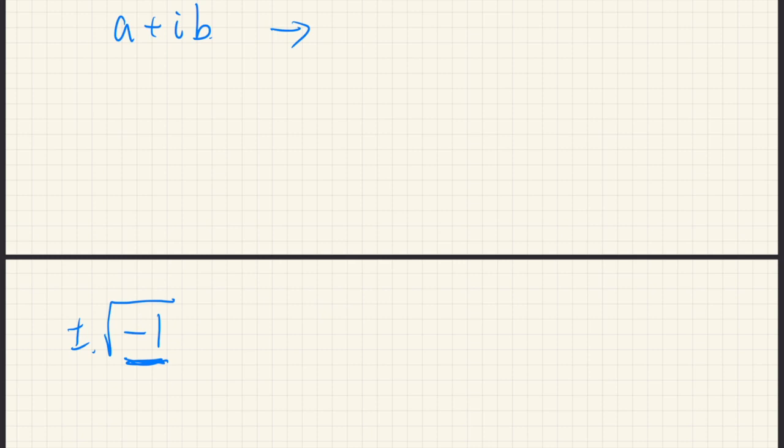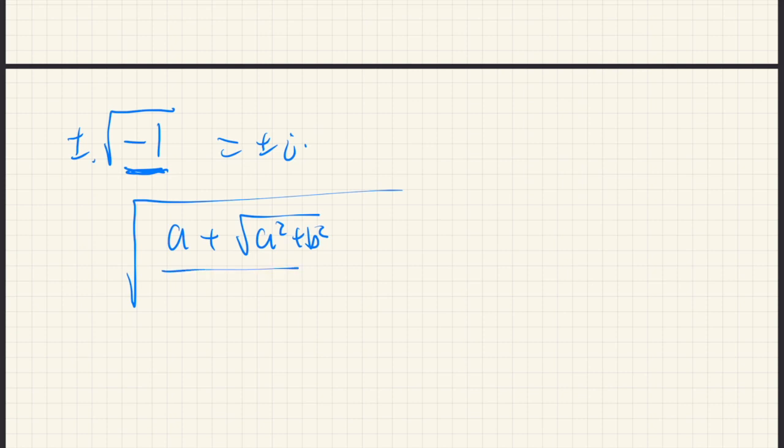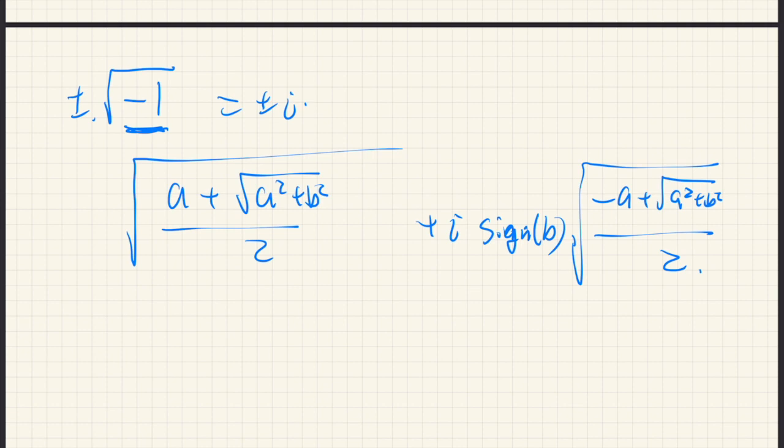But anyway, if we apply the formula, here a is negative 1. Of course, we know this is plus minus i, but let's apply the formula first. The formula was the square root of (a plus the square root of a squared plus b squared) over 2, plus i, sign b, times the square root of (negative a plus the square root of a squared plus b squared) over 2. Now a is negative 1 and b is 0.